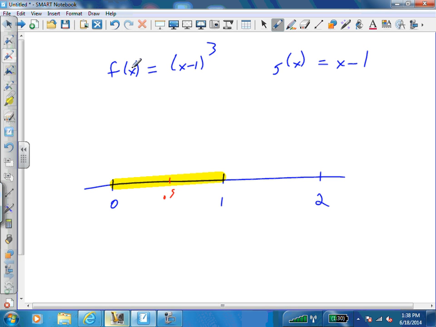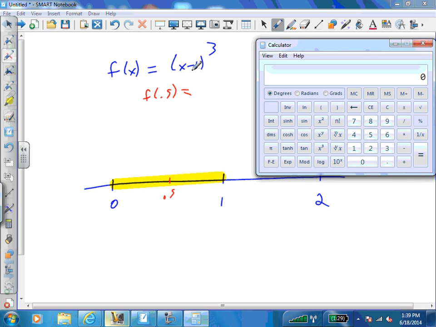If we put a half into this function, we can just do that in our calculator. 0.5 minus 1 is negative 0.5, and then if we cube that, negative 0.125.